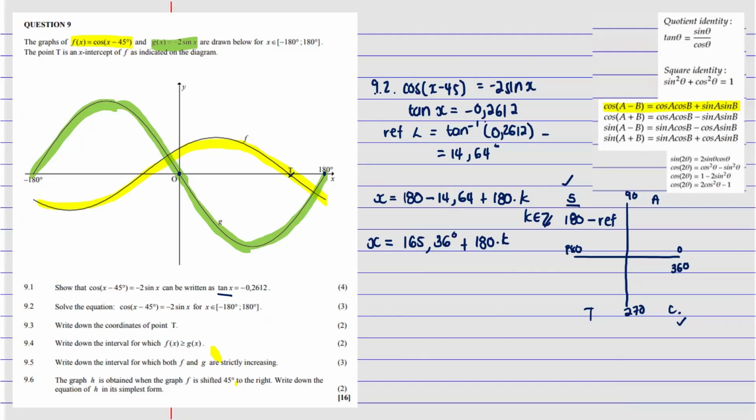Now, because of our restriction, we need to figure out the specific values. We cannot leave it in a general sense, because they gave us a restriction that it is between negative 180 and 180.